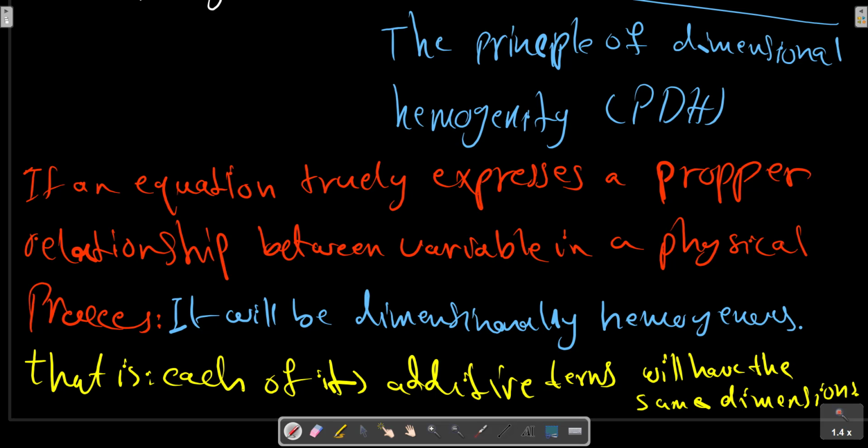This is the main principle in dimensional homogeneity.